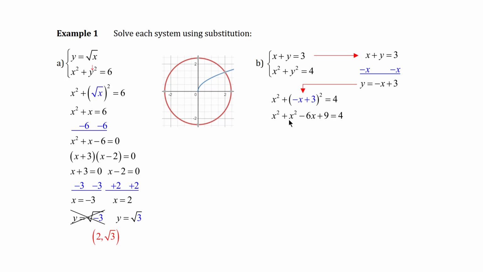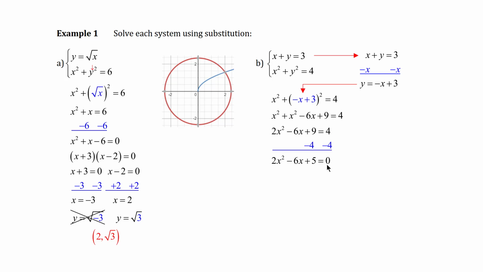X squared plus x squared is 2x squared. The result is 2x squared minus 6x plus 9 equals 4. Next, we set the equation equal to 0 by subtracting 4 from both sides. The result is 2x squared minus 6x plus 5 equals 0.